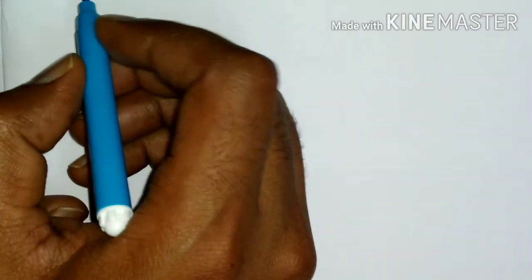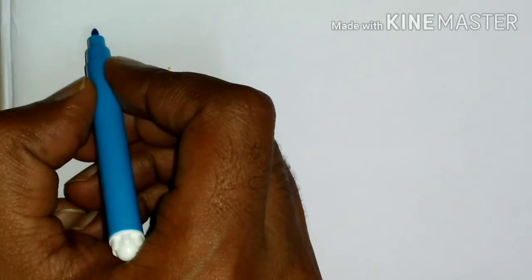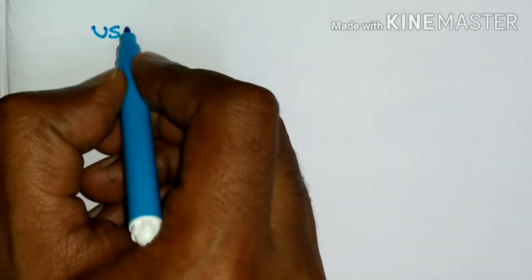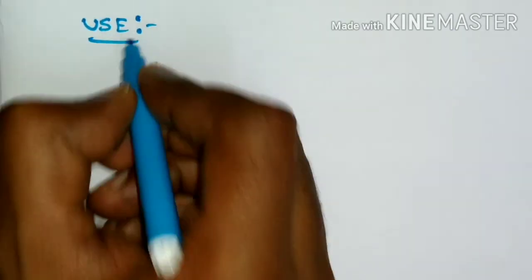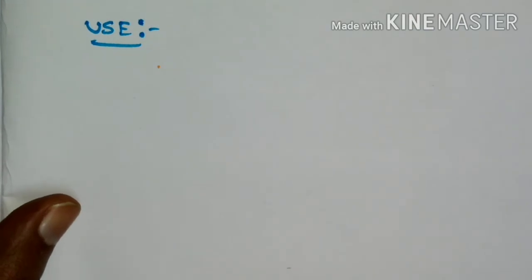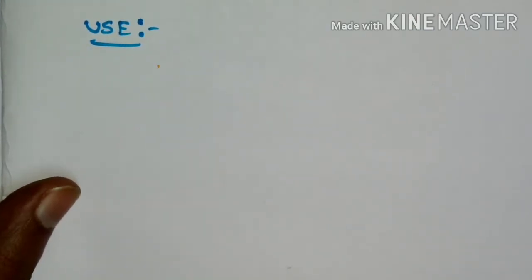Now we will see the use of Dess-Martin periodinane. Already we have stated that it is used in organic synthesis as a selective and mild oxidizing agent.